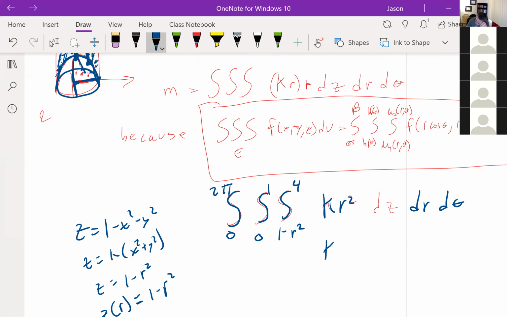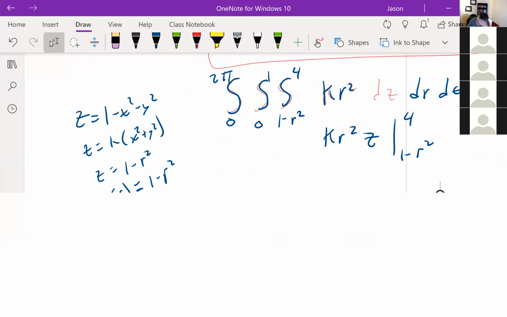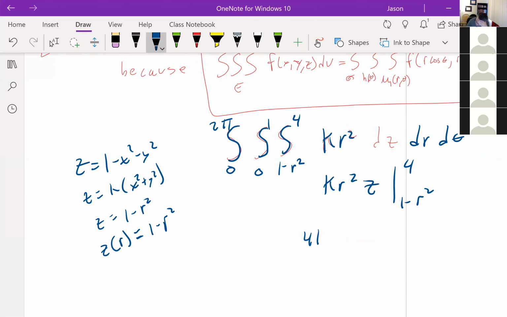Okay, so this is going to be k r squared, z from 1 minus r squared to 4. Plug in, we've got 4k r squared minus k r squared times 1 minus r squared, dz. We integrated with respect to z.